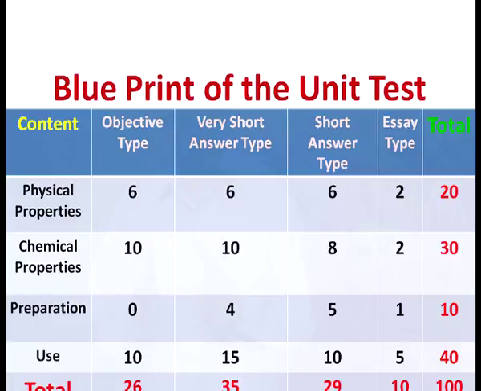There are 6 objective type questions which will deal with physical properties of carbon dioxide. Similarly, 6 very short answer type questions, and 6 short answer type questions, related to physical properties. 2 essay type questions will also be in the test, related to physical properties of carbon dioxide.